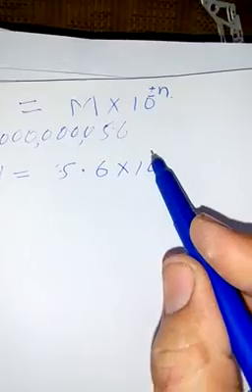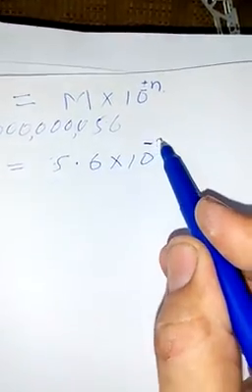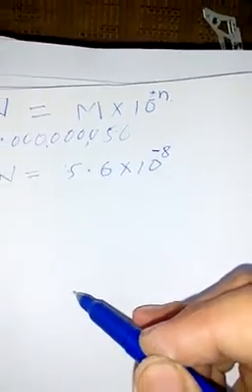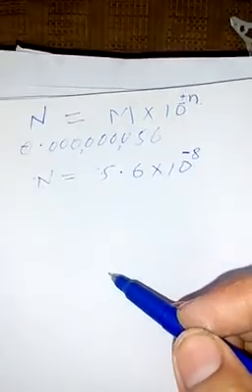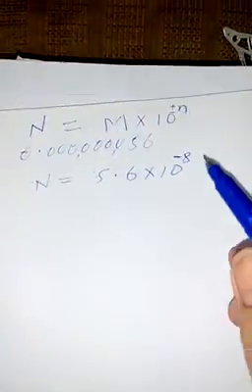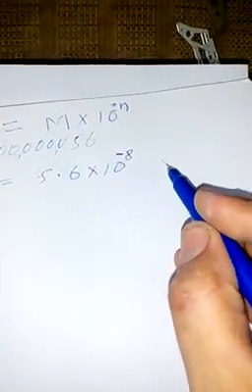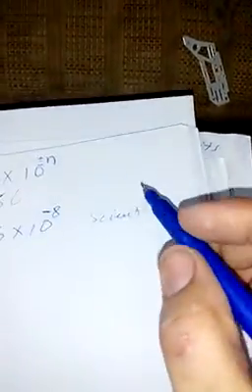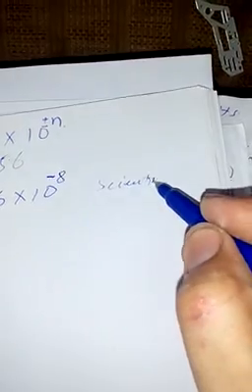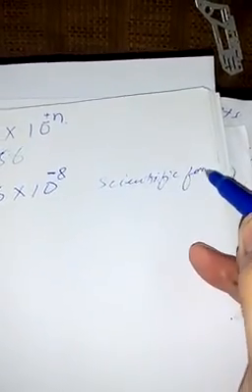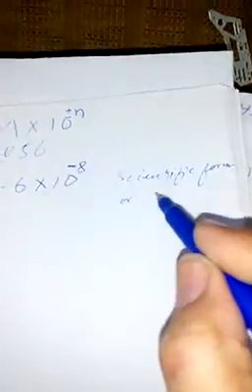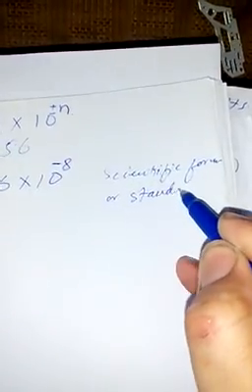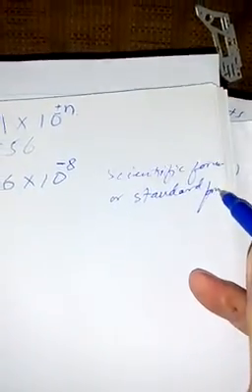So we give it 8 shifts, and the shifts are toward the right, so 10 power minus 8. So this is the standard form or scientific form.